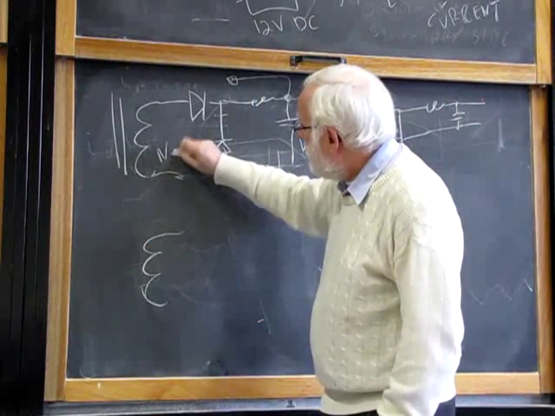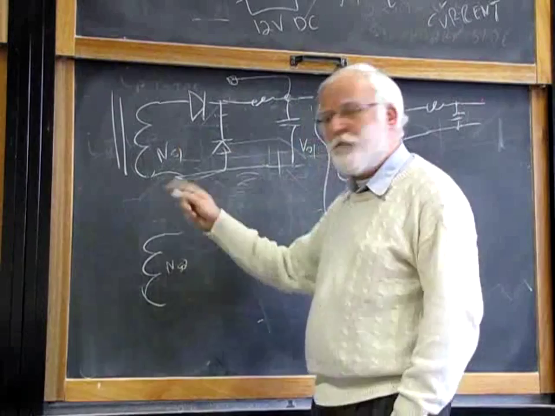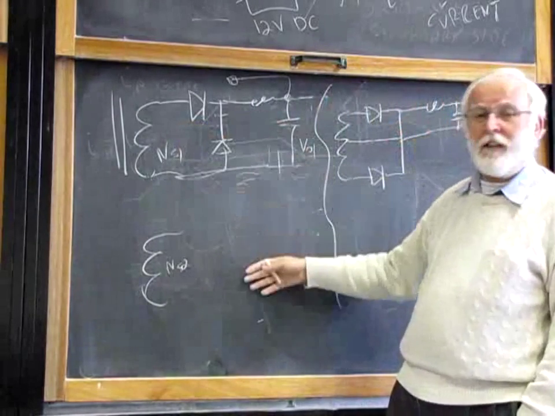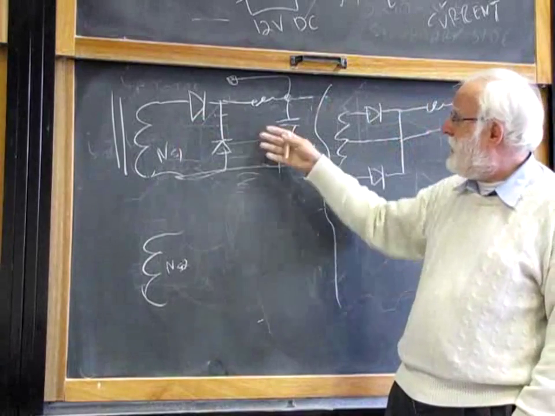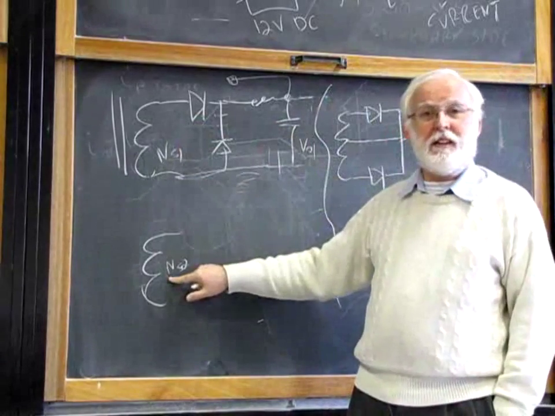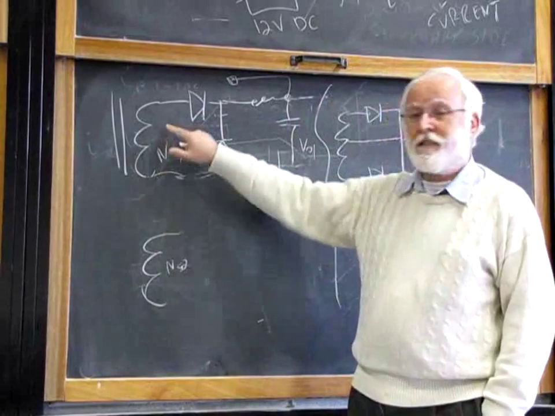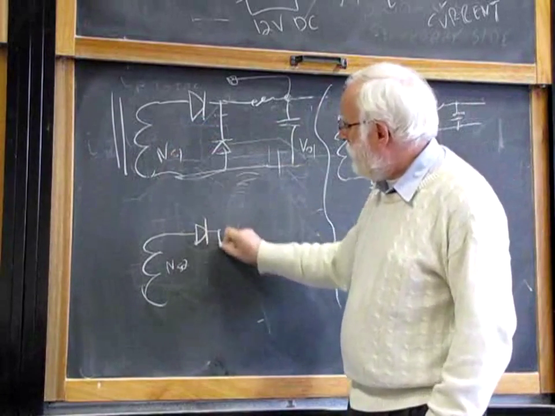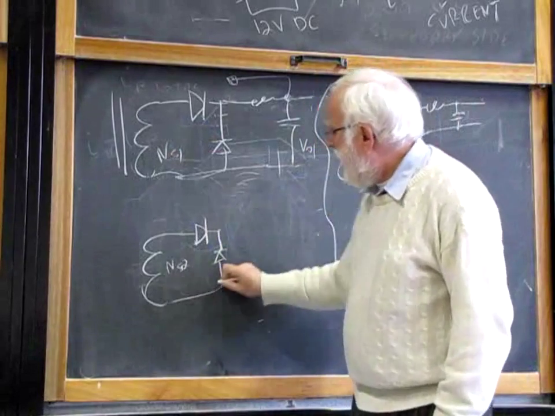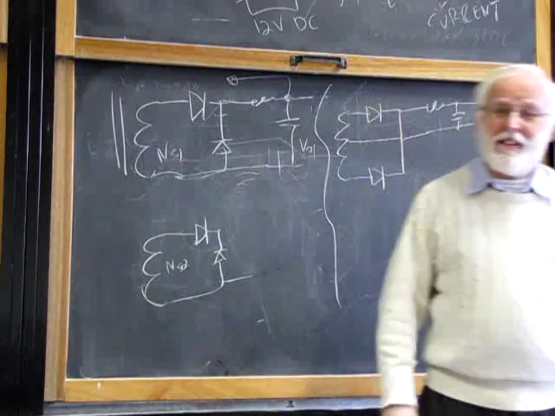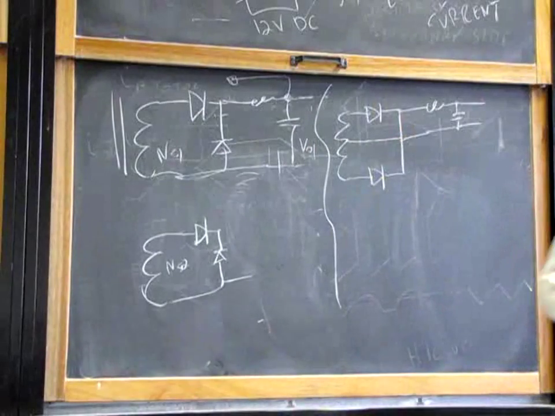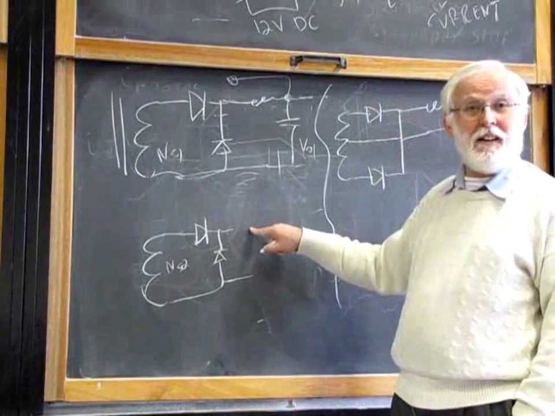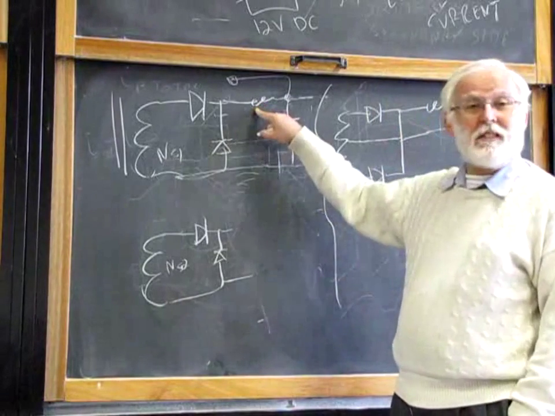Well, for S1 and S2, I won't prove this equation, but if we want two outputs where one has twice as much voltage as the other, just put another secondary winding with twice as many turns as the first one. Then you put here the two diodes. And here was a very great idea that solved a lot of problems altogether. Instead of having a second inductor here, let's use the same inductor.